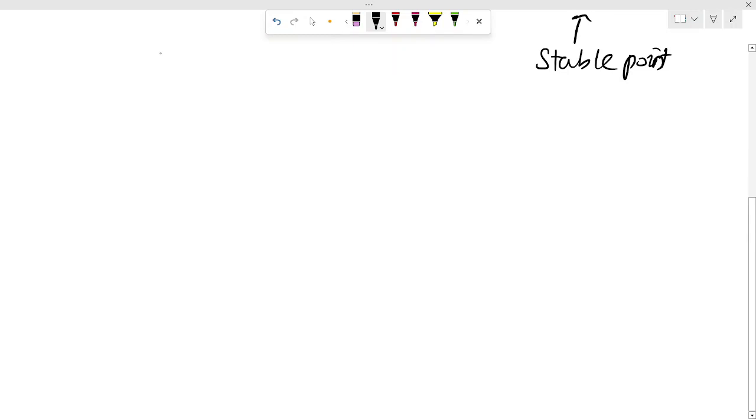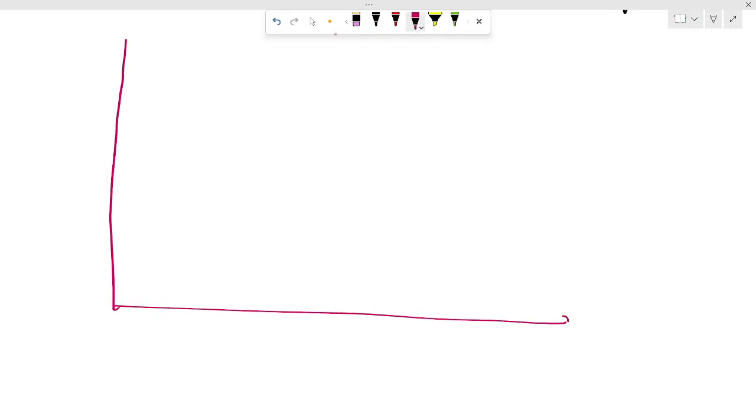Do you get it? Yes. In order to define minima, maxima and point of inflection, I will have to draw a diagram for you. Let me draw that. Let me consider a path like this. Let me change the color of the pen.